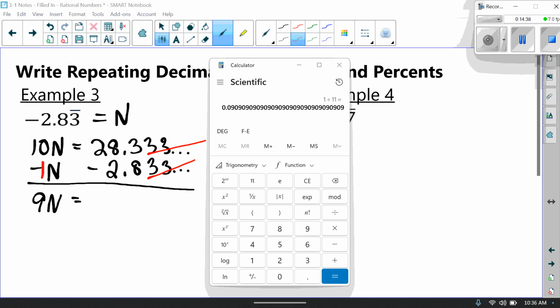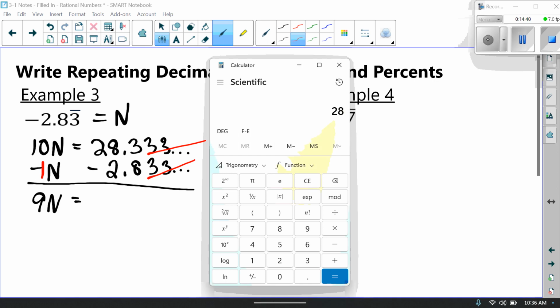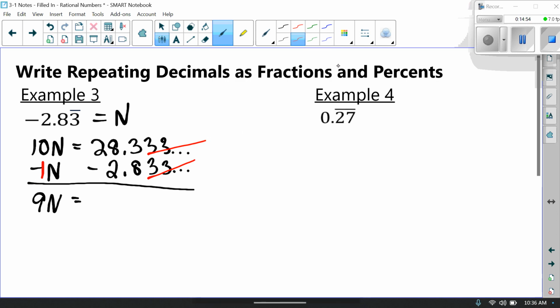So now we've got 28.3 minus 2.8. And that's going to give me 25.5. So bear with me.